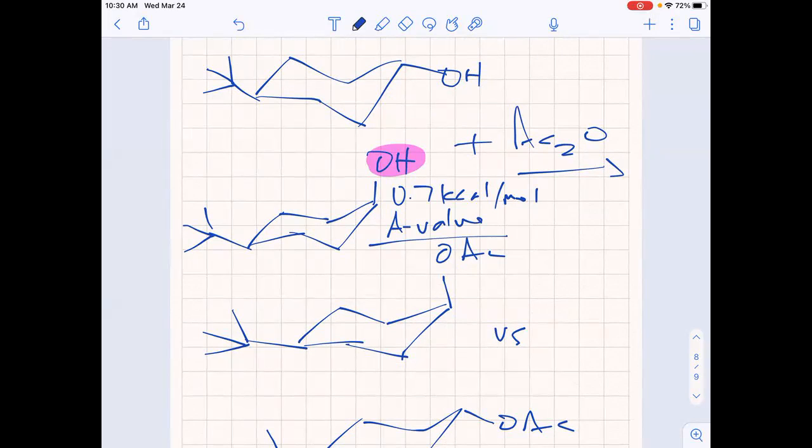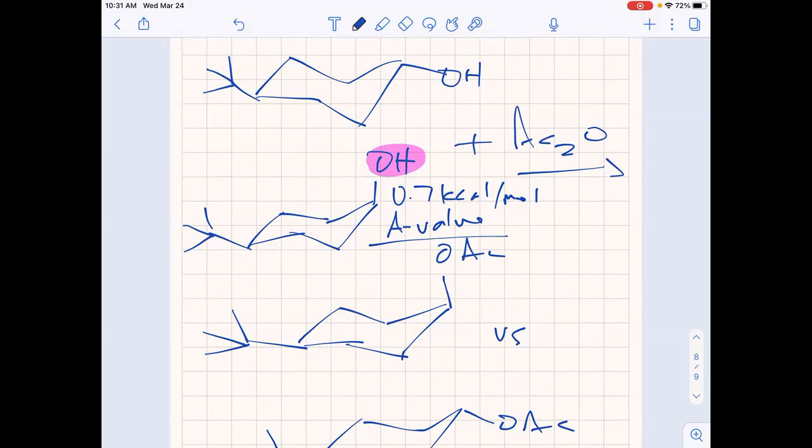It's the difference in energy between the OH being axial versus being equatorial. So the delta G between those two. So you got an A value about 0.7, right? So the oxygen being axial costs more energy, right? And the fact that the oxygen costs more energy to be axial is going to slow down the reactivity, right? Because it's a higher energy substrate, so it's less available, right?